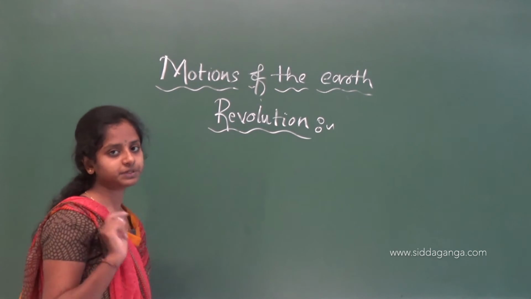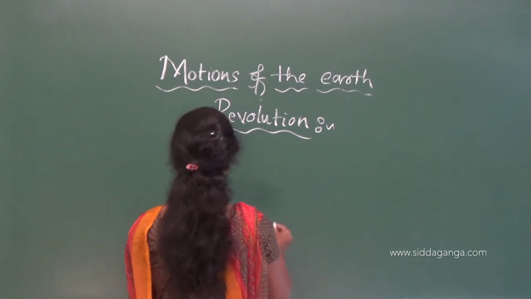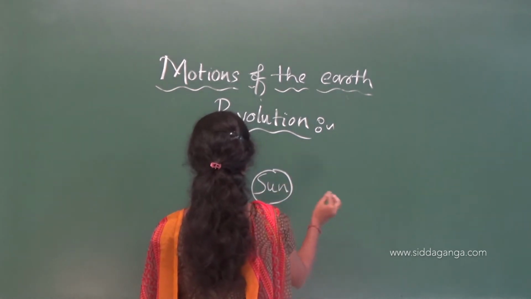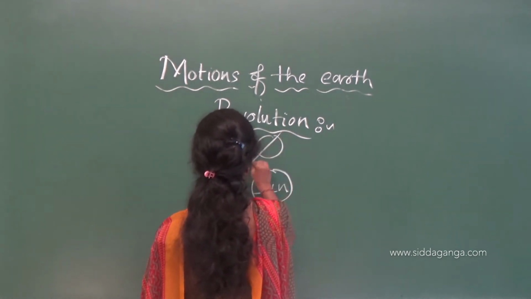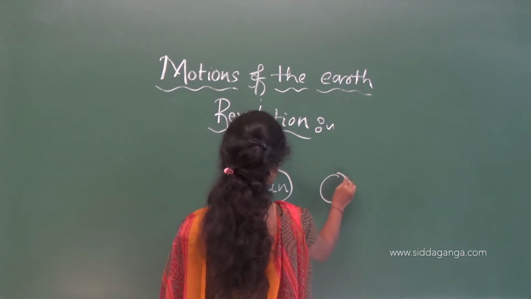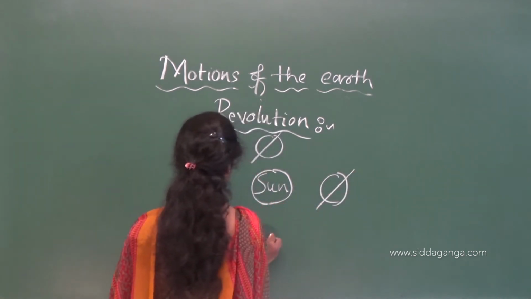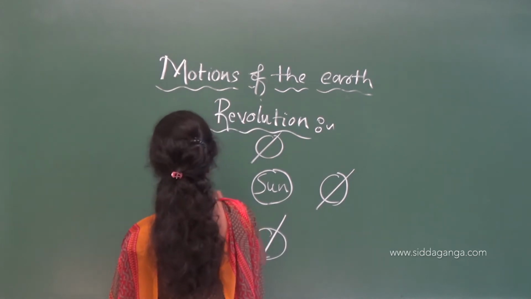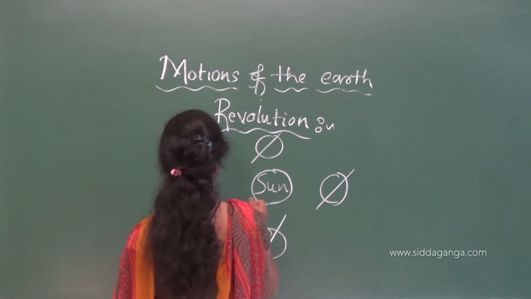Here they have given a picture. I will draw that on the board. So this is the sun. Here earth, here also earth, here also it is earth, here also it is earth.